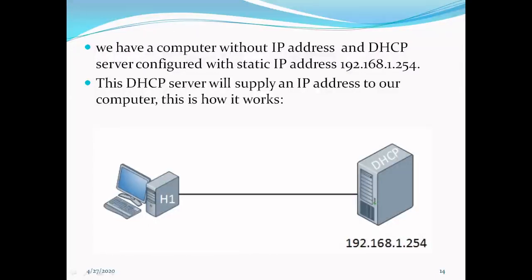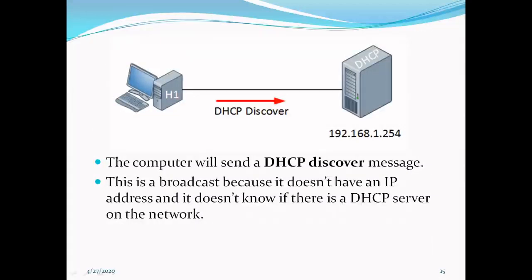When H1 is started, it will transmit a request, that is DHCP Discover, to the DHCP server. This is a broadcast message, so everybody on the network will receive it, but only the DHCP server has the ability to respond to this DHCP Discover message.